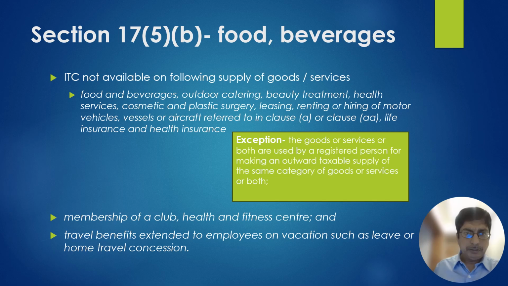Let's take an example: food and beverages prepared and supplied to the company, and the company's employees consume it. There is a difference between GST and income tax. In income tax, these expenses are allowed as deduction, either as staff welfare expenses or as exclusively used for business purpose under section 37 of the Income Tax Act.